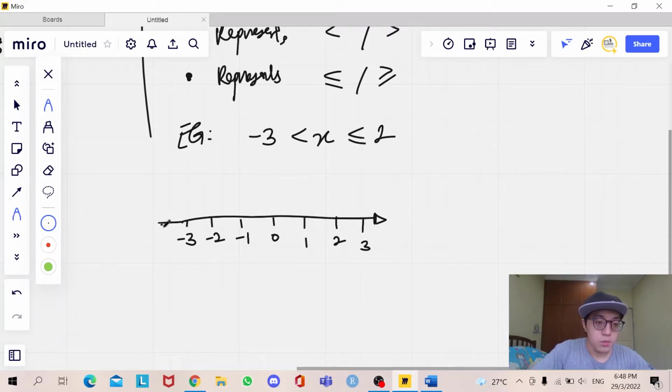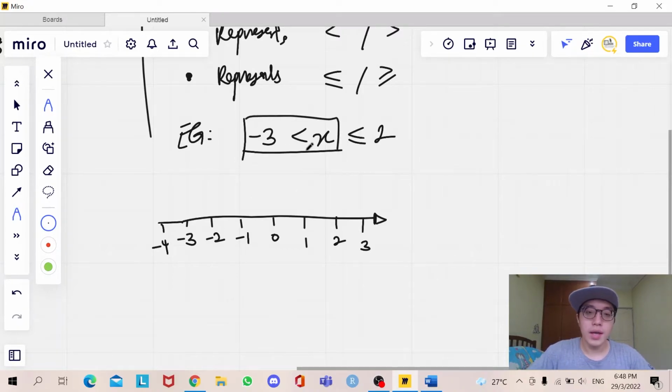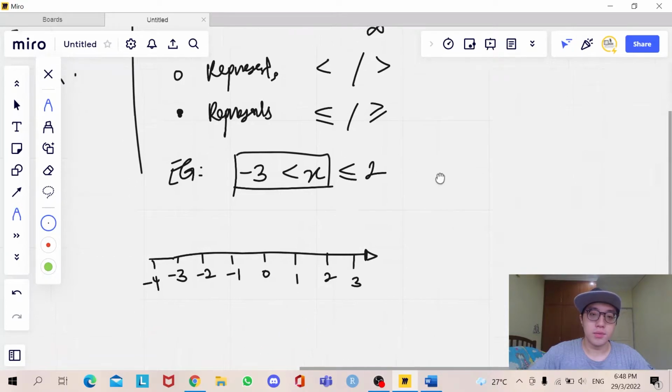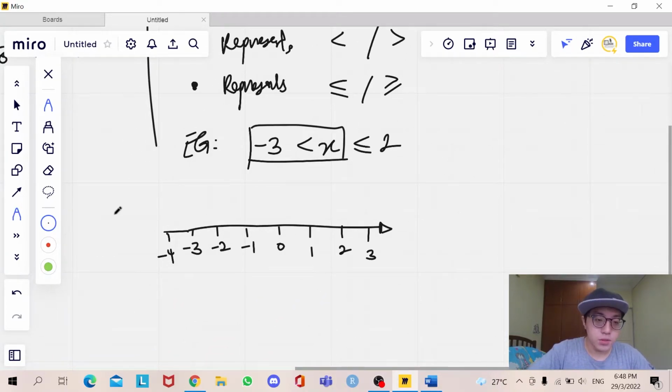I'm gonna extend one more to -4. So how are you gonna represent x? Firstly, x is larger than -3, and if you notice here, there's no equal sign, so we are using the empty dot. So from -3 here, we're gonna draw an empty dot.